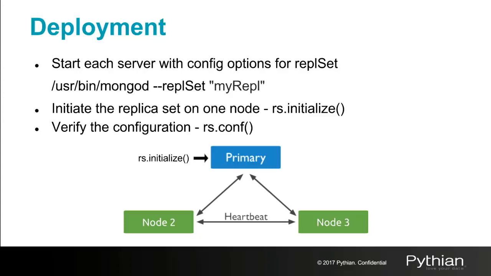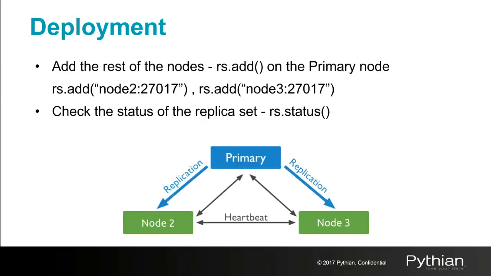Now it's interesting that we already have a replica set, but it only has 1 node. It's very easy to set up a replica set in MongoDB, because our next step is to add the rest of the nodes, and we are doing that by just running the command rs.add and specifying the host name and the port that the host is listening to.